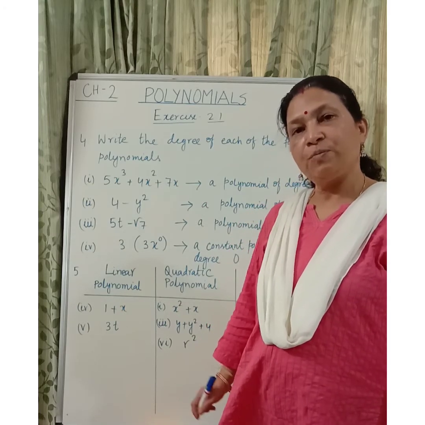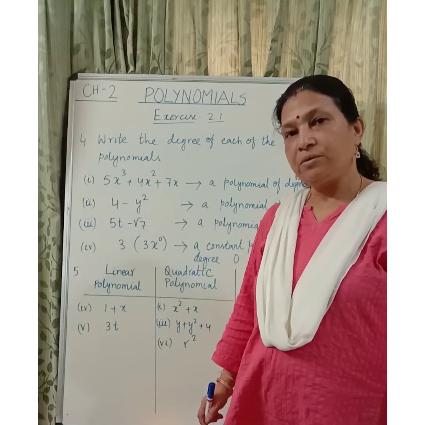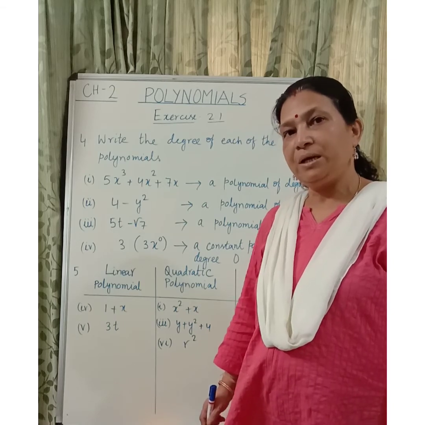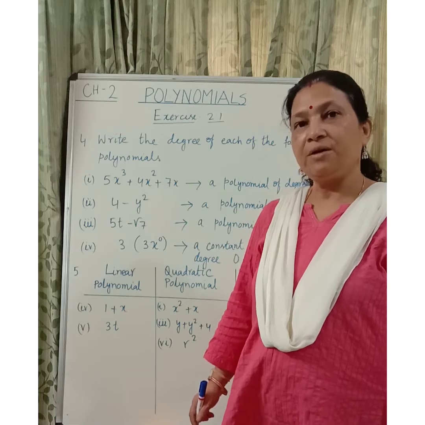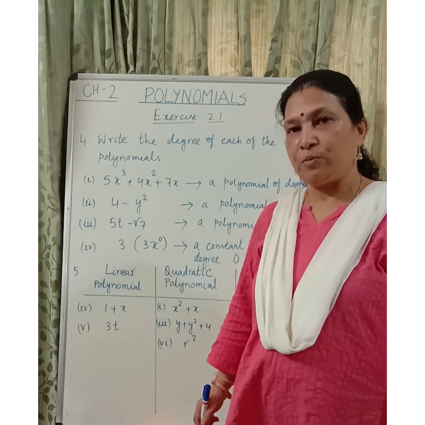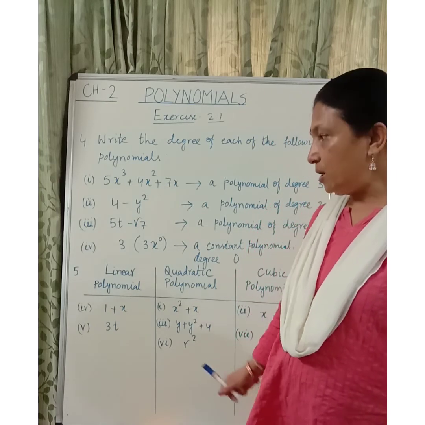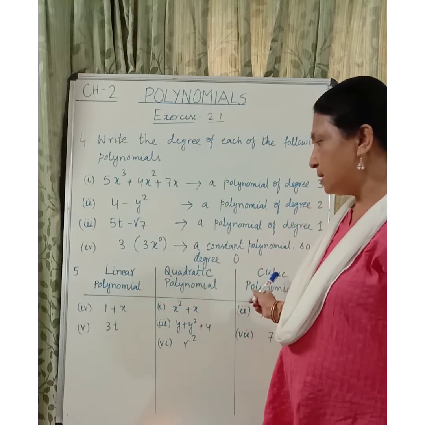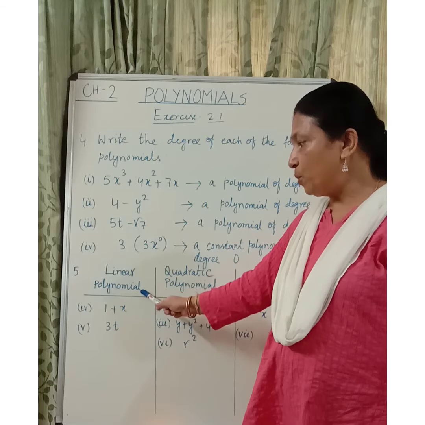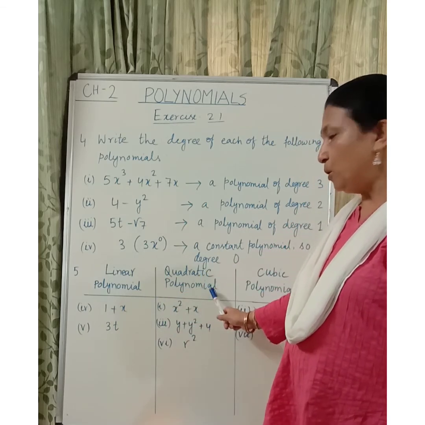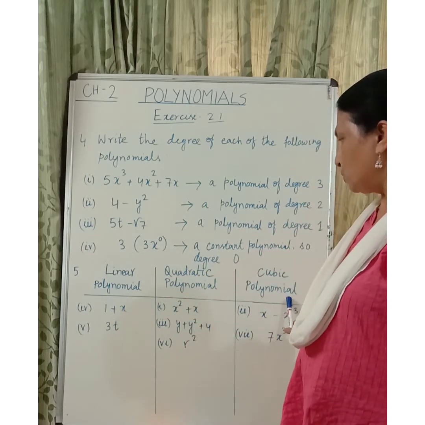If the degree of the polynomial is 2, we say the quadratic polynomial. If the degree of the polynomial is 3, then we say it is a cubic polynomial. So we have 3 categories of the polynomials. I have separated as linear polynomial, quadratic polynomial and cubic polynomial.